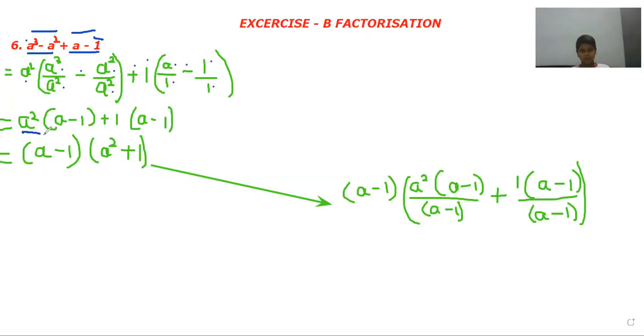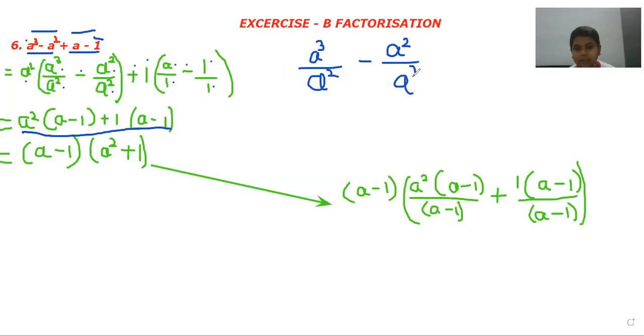Then there is the solution which we get after solving this. Here it says a cube divided by a square, minus a square divided by a square.